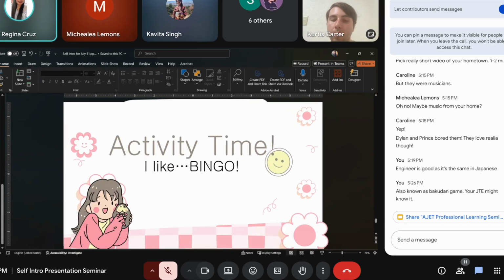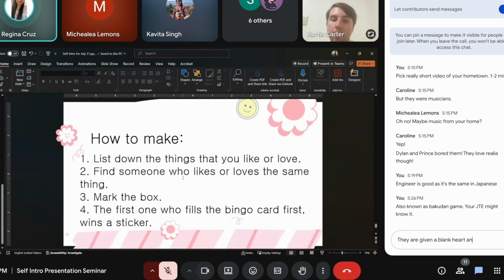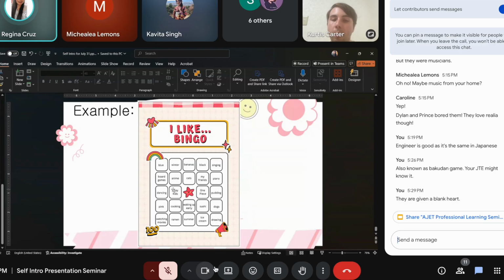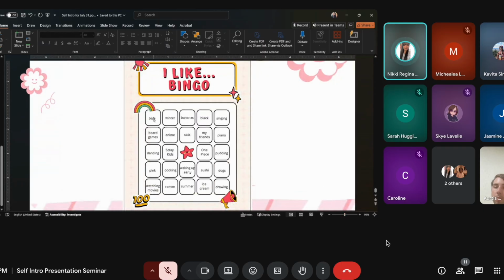Yeah. So next one, the very used bingo. I like bingo. They're going to list down the things that they like, just the noun, just the word itself. For example, we have here blue, winter, bananas, black, my friends, One Piece.